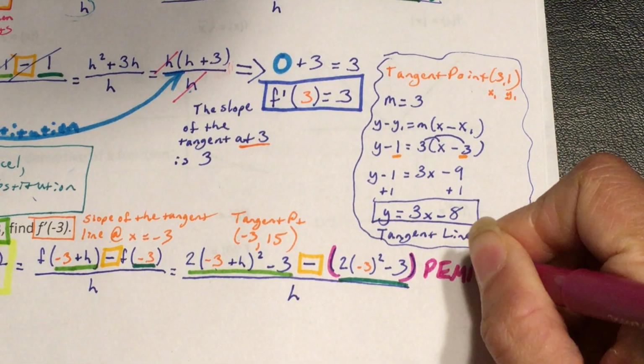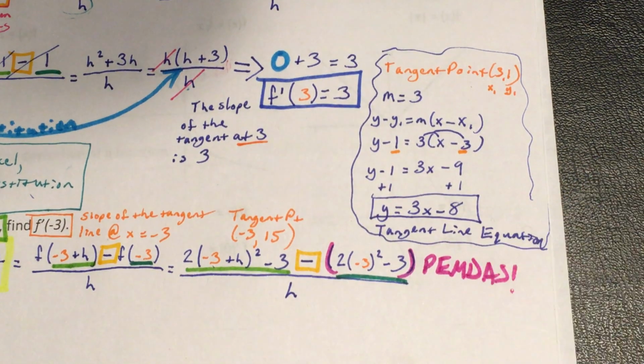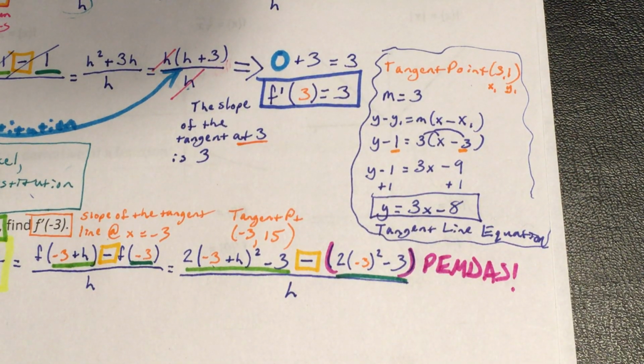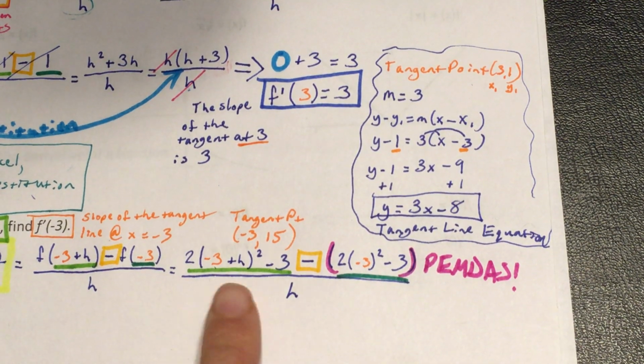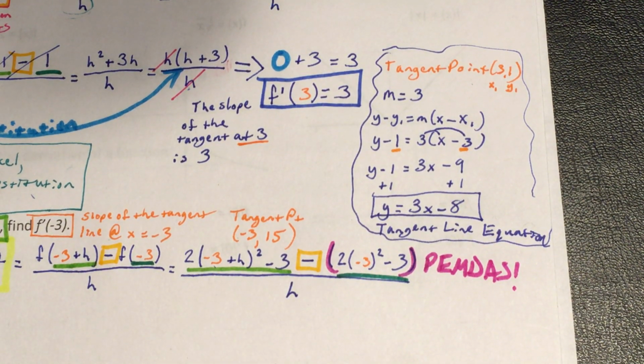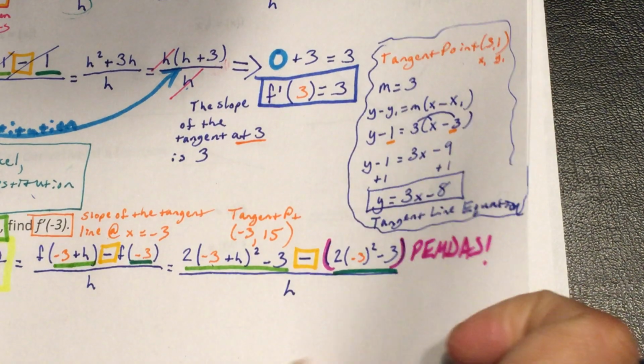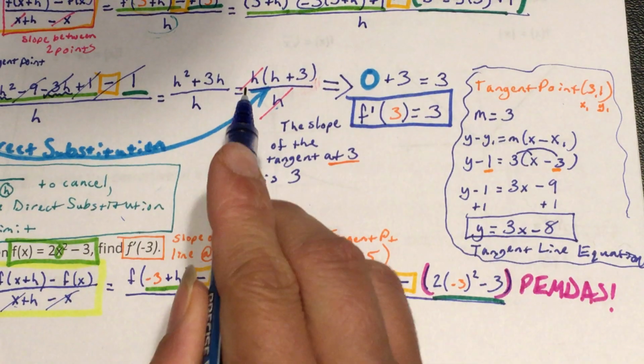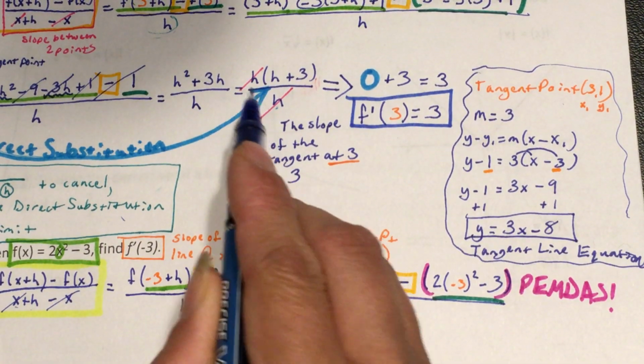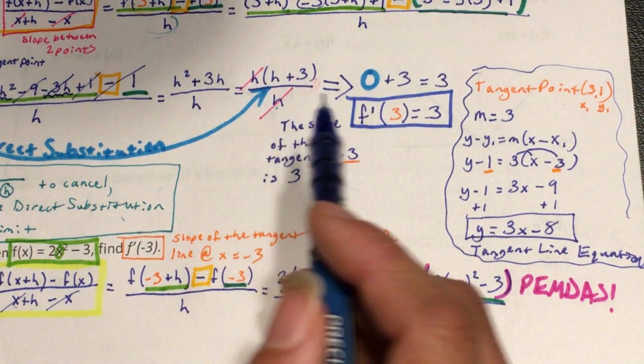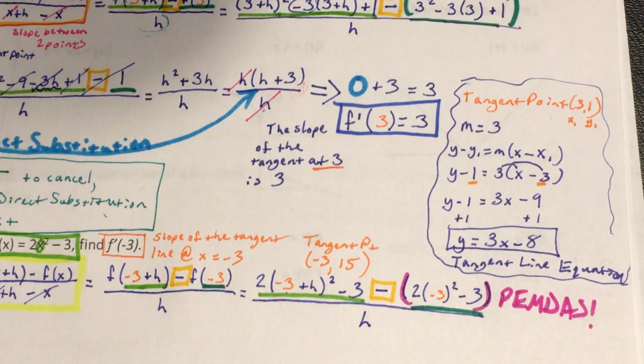Good old PEMDAS, Algebra 1, coming back to haunt us. Because anytime we have a quadratic, anytime we are squaring, especially negative numbers and binomials, we do need to be careful to make sure we do it correctly. But again, folks, what's kind of nice about this is, as we start doing more problems, what you'll find is that if you aren't able to take out an h from everybody in your simplified top of the fraction, it means you done goofed somewhere.